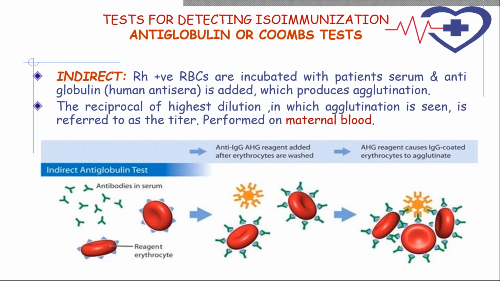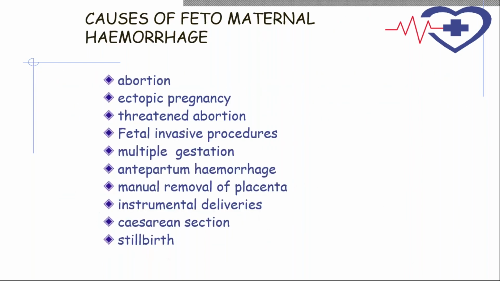So these are the situations where feto-maternal hemorrhage occurs, including normal delivery. And all these are situations in which, as we will tell you subsequently, you need to administer anti-D immunoglobulin, which is a method to prevent Rh immunization. Next, please.